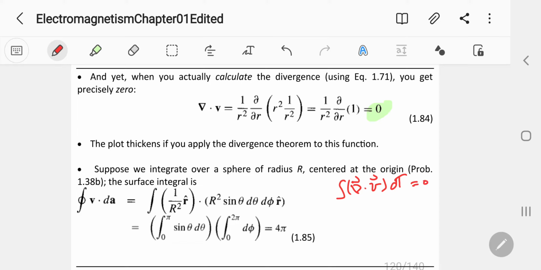However, if you use the Gauss or Green's theorem, the divergence theorem, you will find that the closed integral, which is this one, is equivalent to the integral of the divergence of v d tau. This is 0, but this one is 4 pi. So how come the results are different when they are supposed to be equal?